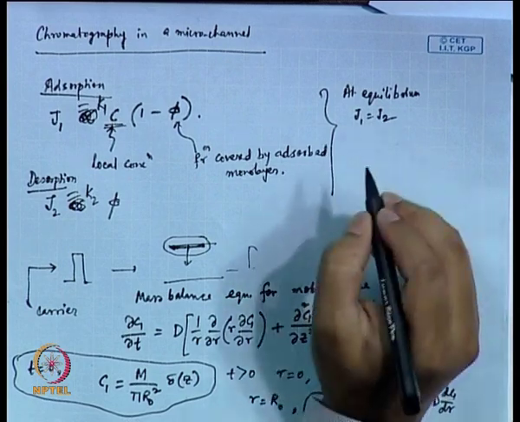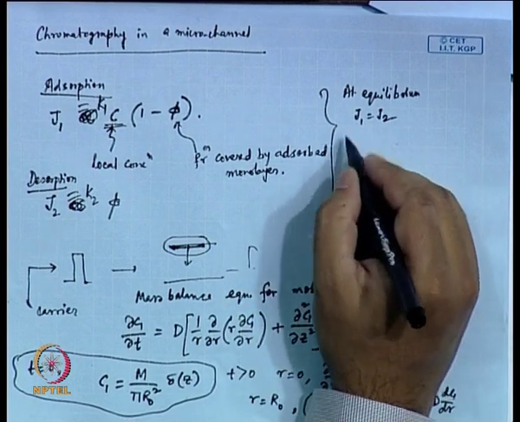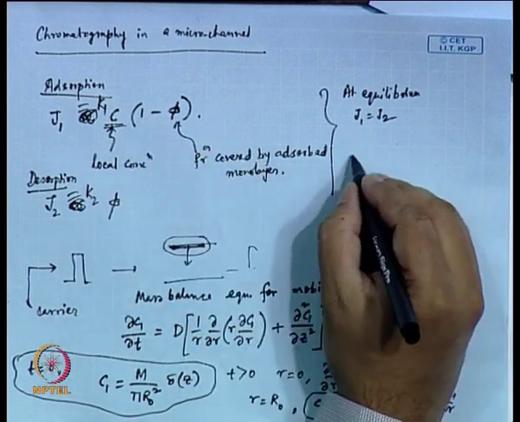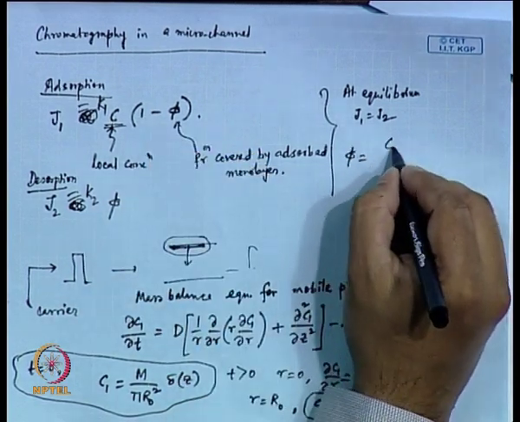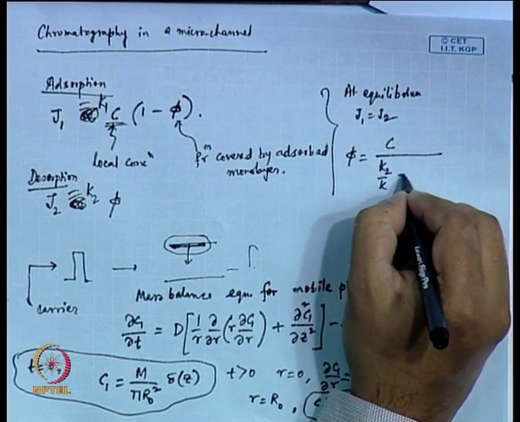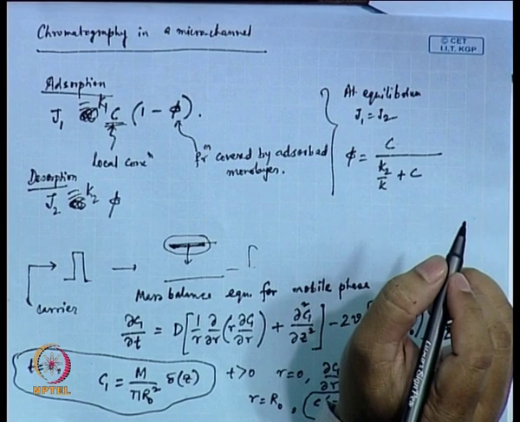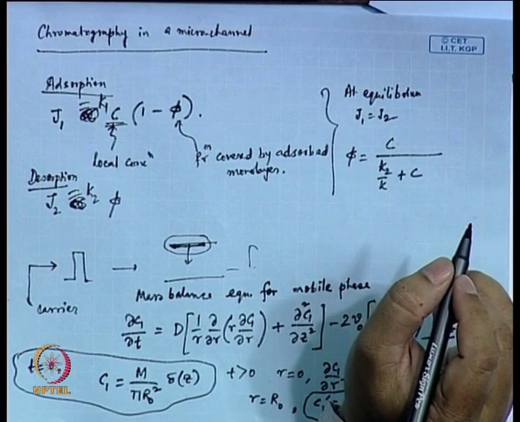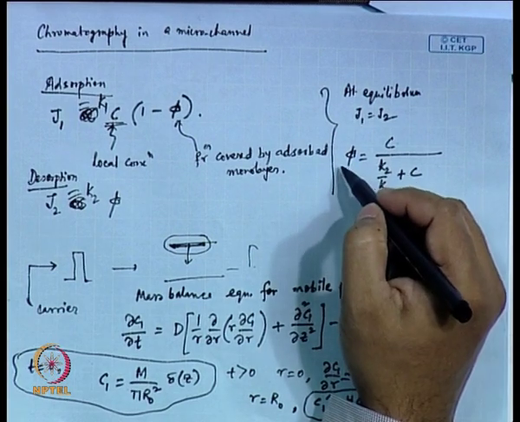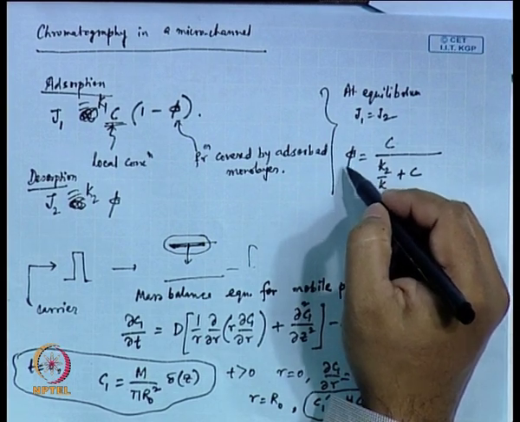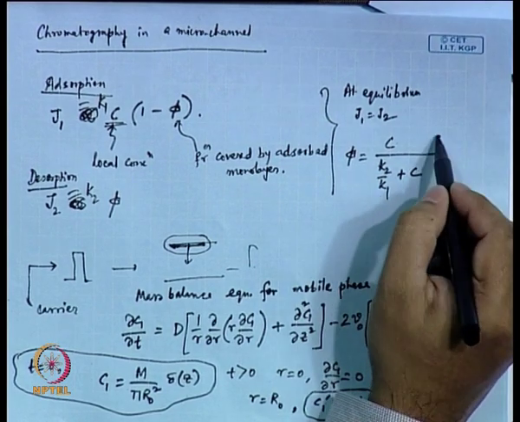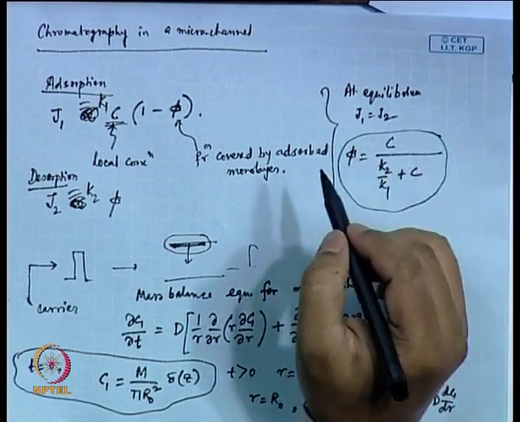Okay. So, if you equate these two, we would end up with phi is equal to C divided by K2 by K1 plus C. That means the fraction of the layer that is covered is equal to C divided by K2 by K1 plus C. This is what you will end up with.